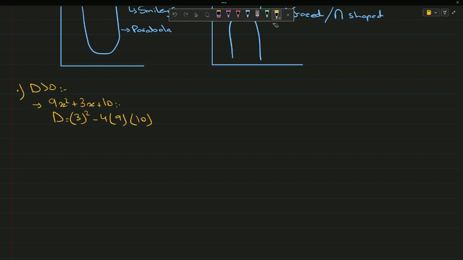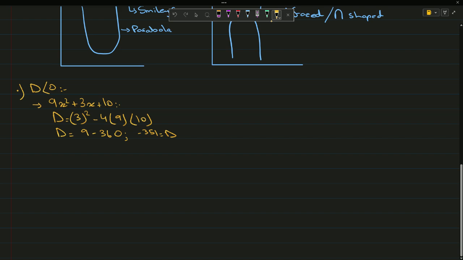I apologize, I just made this equation in my mind. So 81 minus 360 gives a negative value, which is less than 0.